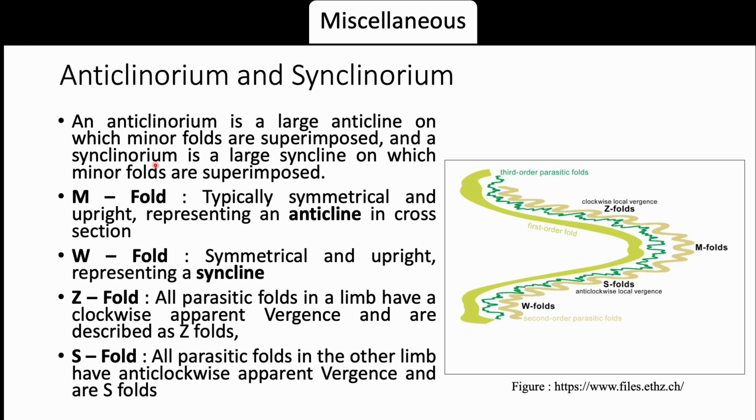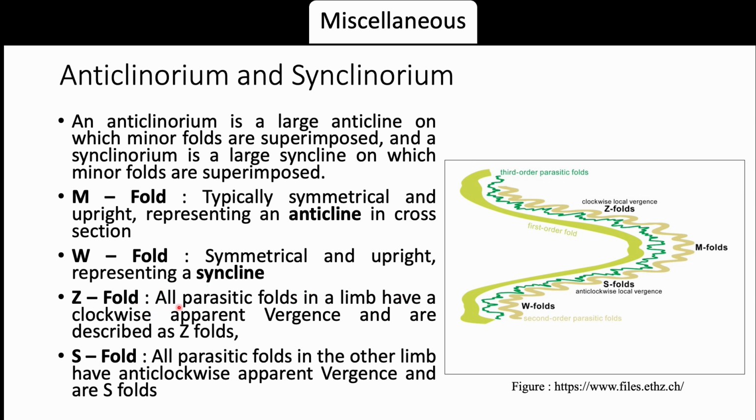The M fold is typically symmetrical and upright, representing the anticline in cross section. Here, this is an M fold, this is the anticline fold. And the W fold is symmetrical and upright, representing a syncline. This is known as a W fold, which is found at the trough of the large fold.